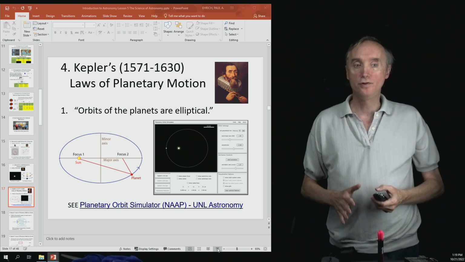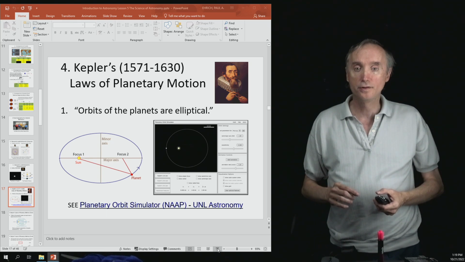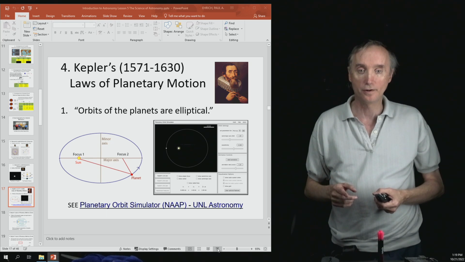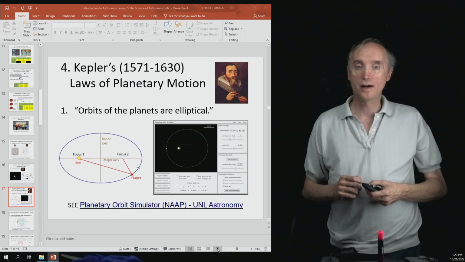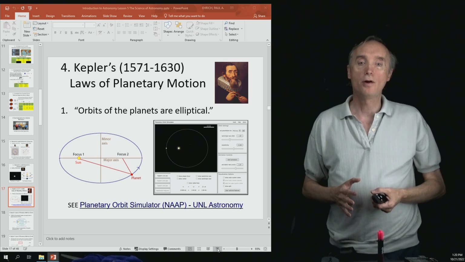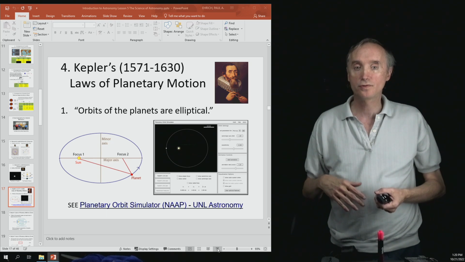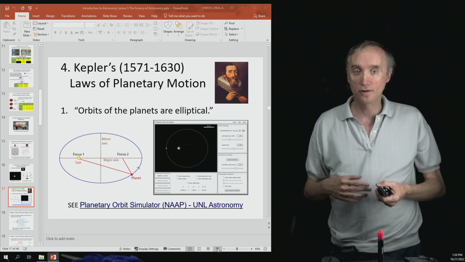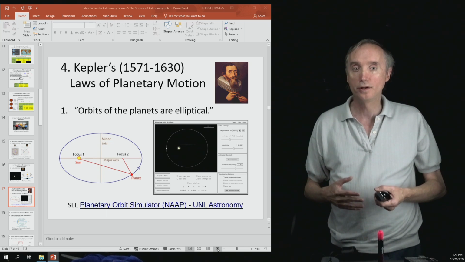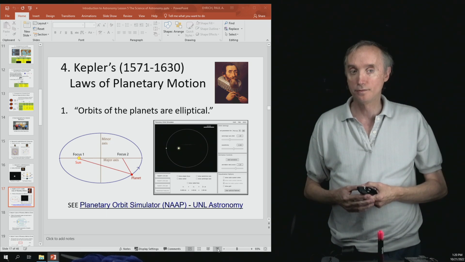So what I'd like for you to do is get on the internet and go to the Planetary Orbit Simulator, NAAP, at UNL Astronomy. Okay, it's got a lot of fancy dials and stuff on it, but all I want you to do is just to press the play button or the start button, and I want you to observe that planet going around the sun.